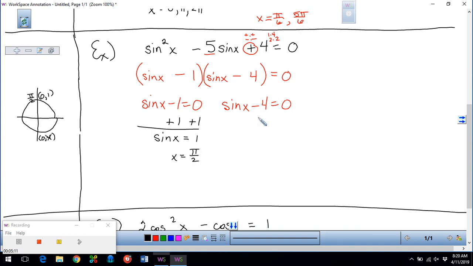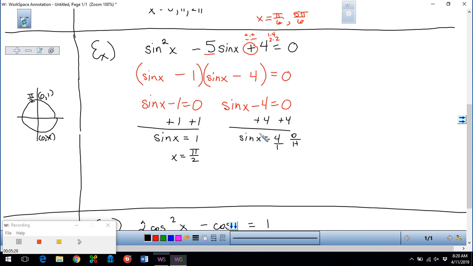Now for the second one, we're going to add 4 to both sides. And we get sine of x equals 4. Well, remembering that sine of x is opposite over hypotenuse, if I rewrite that as a fraction, that would mean that the opposite side is bigger than the hypotenuse, which is impossible.